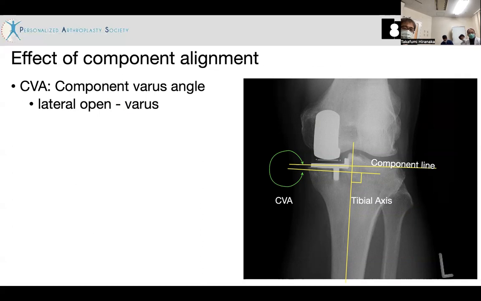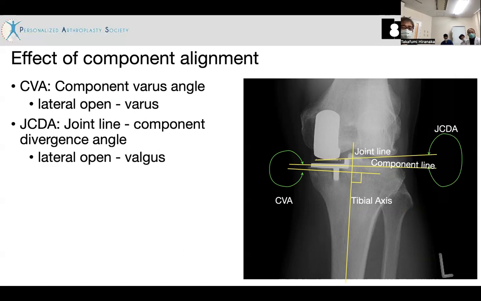So I measured the component varus angle. This is the angle between the perpendicular axis of the tibial axis and the component line. And another one is the angle between the joint line and the component line.